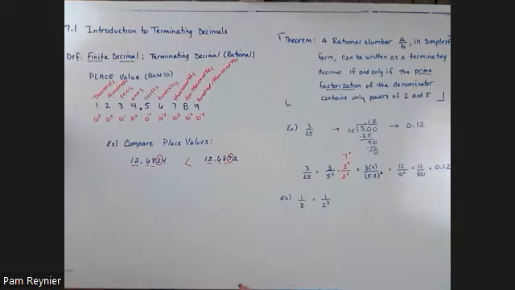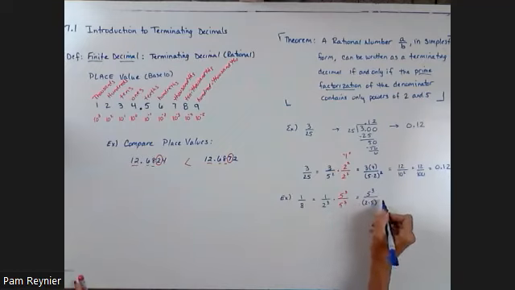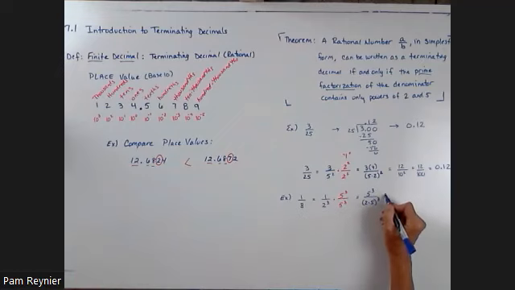Well, I have 3 2s, so I also need 3 5s. And again, I've only multiplied by 1. So now that gives me 5 to the 3rd. Using the commutative property and the associative property, I'm going to rewrite that as 2 times 5, both of them raised to the power of 3.